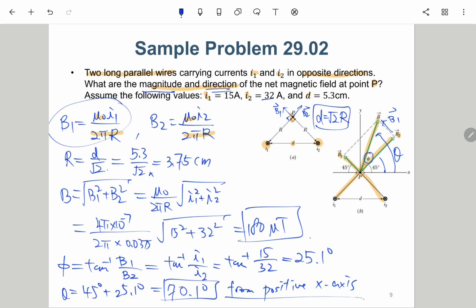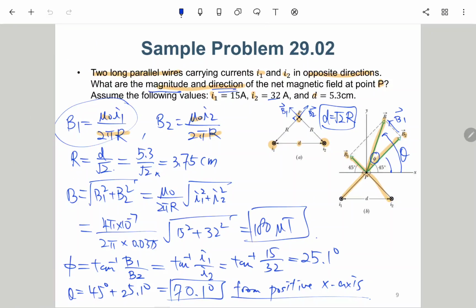So it asks you the B field generated at a certain point, which is like you calculate the B field individually and then add them as a vector sum. So the process is similar, just change E field into B field, and then the source will be the current rather than a charge.